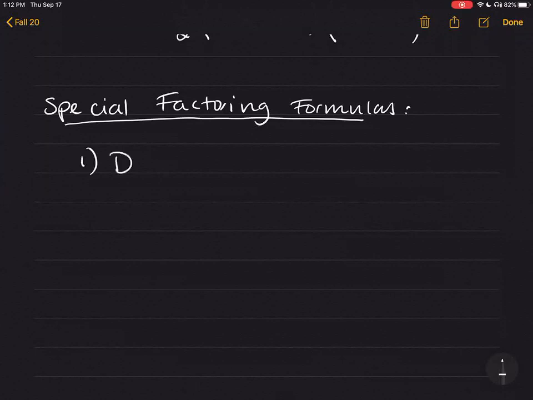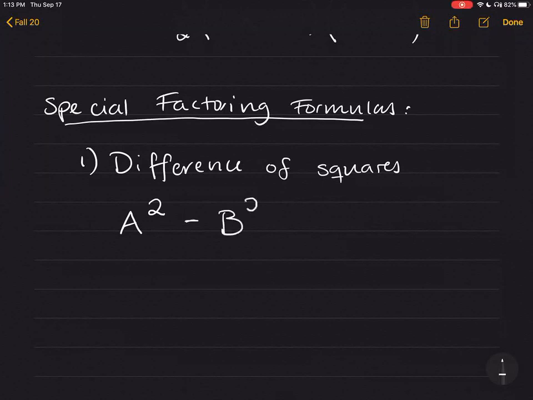It's called difference of squares. It's called that because on one side you have some nasty thing squared minus some other nasty thing squared. So it's a difference of two squares, and that's equal to nasty thing 1 minus nasty thing 2, times nasty thing 1 plus nasty thing 2.